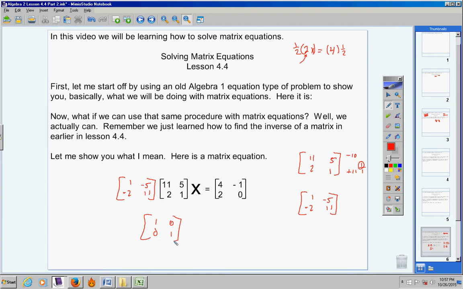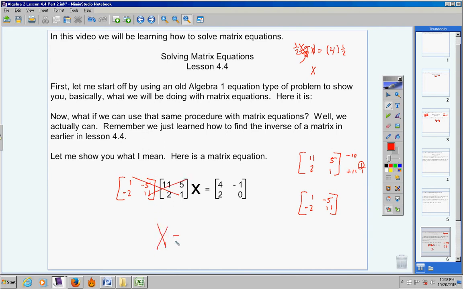That. Okay, that's the identity matrix. To me, for lack of better words, that's the same thing as these things here, just canceling out. Okay, look, the inverse of 2 is 1/2. When you take 1/2 times 2, they cancel out. You're just left with x. So when you find the inverse of this and then multiply it times this side, they cancel out. You're just left with x.